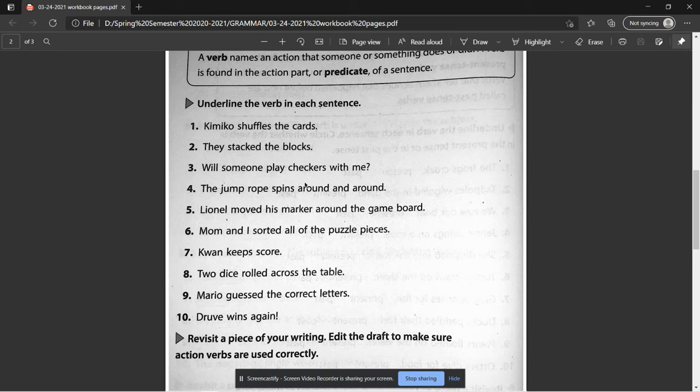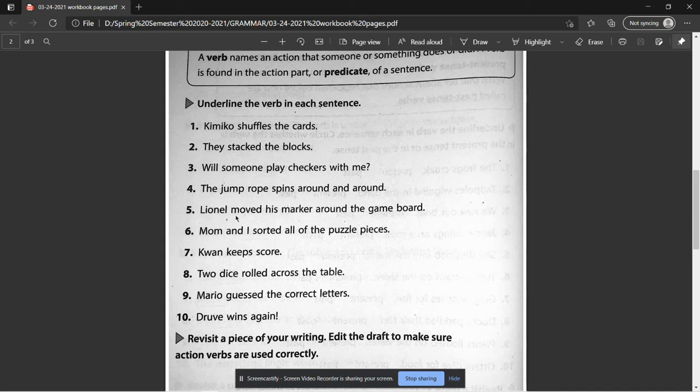The word spins gives me an action, but around and around is only telling me how the jump rope spins. It's giving me more details about the jump rope, but it's not an action verb. So no, I would not underline around and around. The only word I would underline is the word spins.